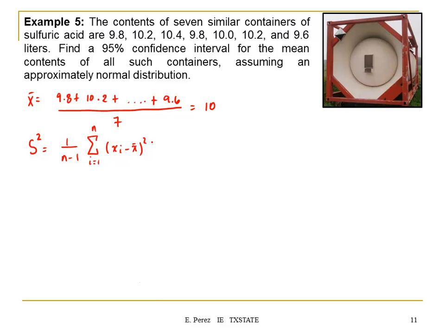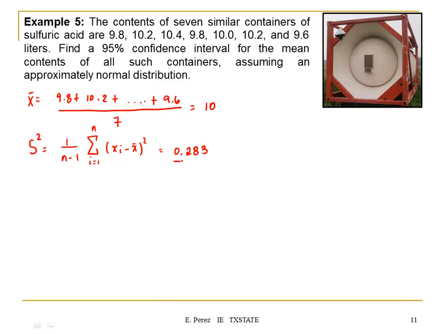I have repeated this several times: you need to make sure that you understand how to compute the sample variance. I've seen this error multiple times, students missing points on the answers because they don't know how to compute the sample variance. So make sure that you know how to solve this.